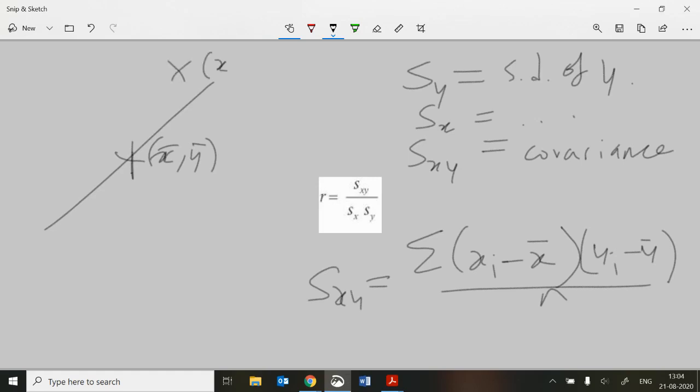Let's take this point x1, y1. Then what this is giving is a kind of rectangle. What's the difference between x1 and x bar? It's this difference here. And what's the difference between y1 and y bar? It's this difference in height. When you times them together, you're not squaring your differences, you're finding this rectangle, if you like.